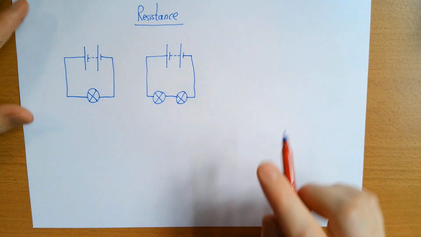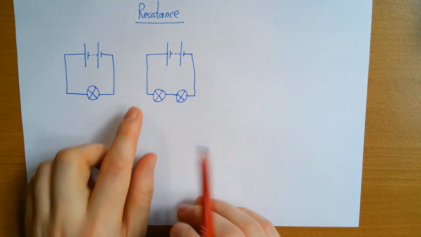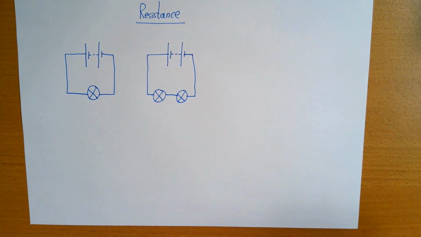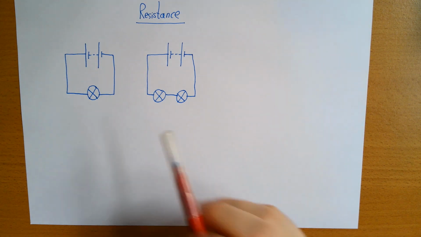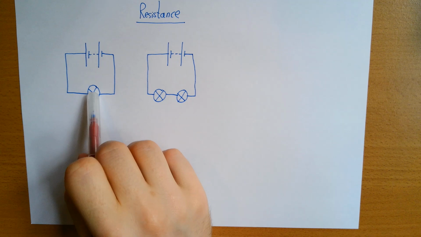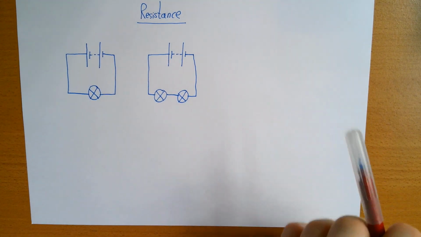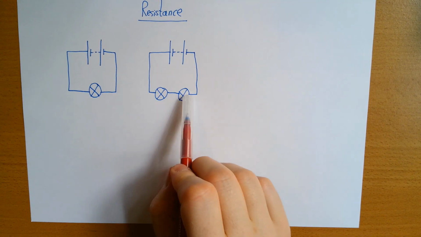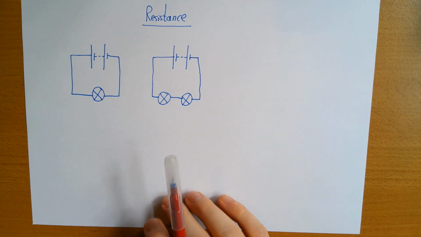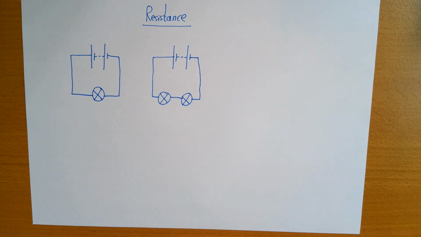In fact, it halves it because there's twice as much in the way. But the technical way of explaining that is through this idea of resistance. And what it says is, well, with 1 bulb it's X difficult to get past, but with 2 bulbs it's twice as difficult for the current to get through. So what that means is it halves. It's twice as difficult, it halves.